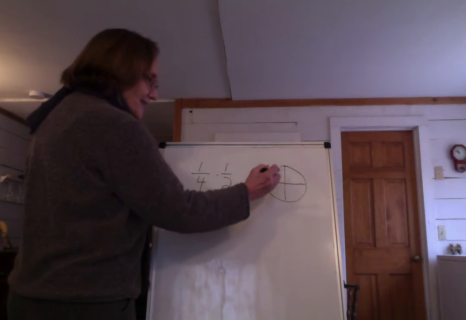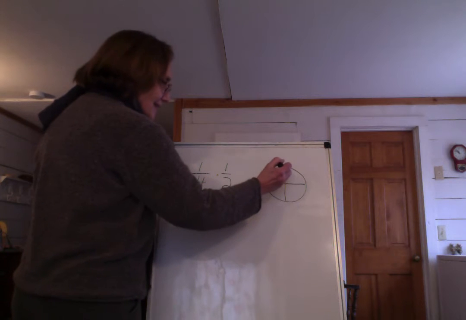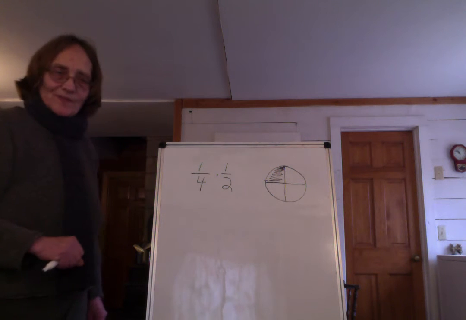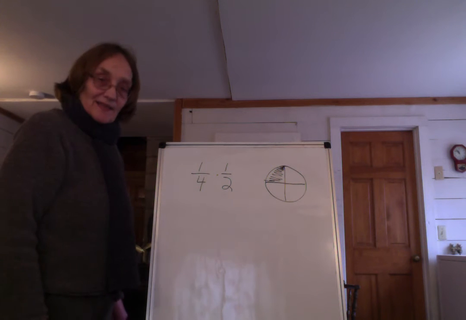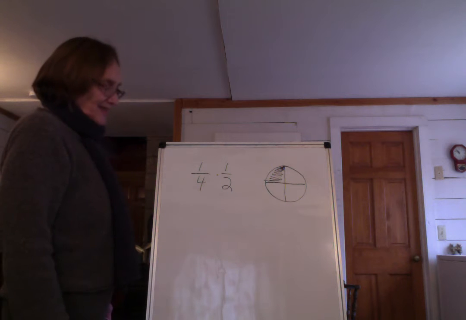It's in 4 pieces. 1, 2, 3, 4, our denominator. They're saying there's 1/4. But they want to know what 1/2 of that is. That's what 1/4 times 1/2 means.